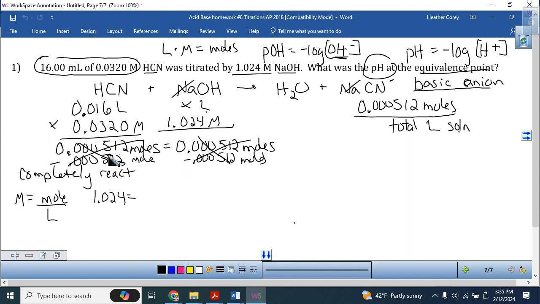We know the moles because it equaled the moles of HCN because it's at the equivalence point. Equivalence point is equal moles. So we can use the molarity of the NaOH and the moles of NaOH to find the liters of NaOH. We can do the Thomson switch. And when I do that, I get 0.0005 liters. That's one way you can do it.